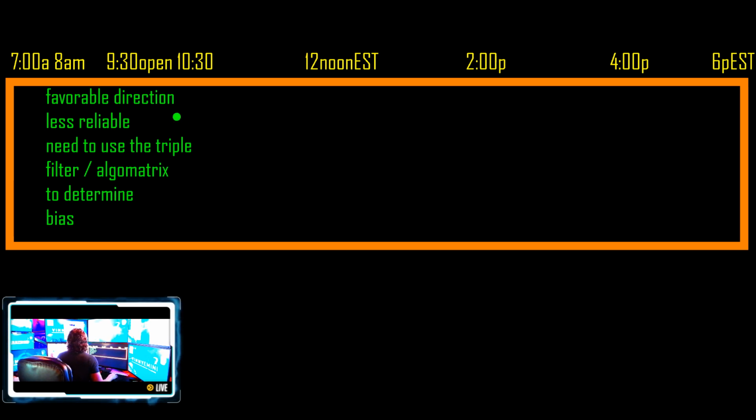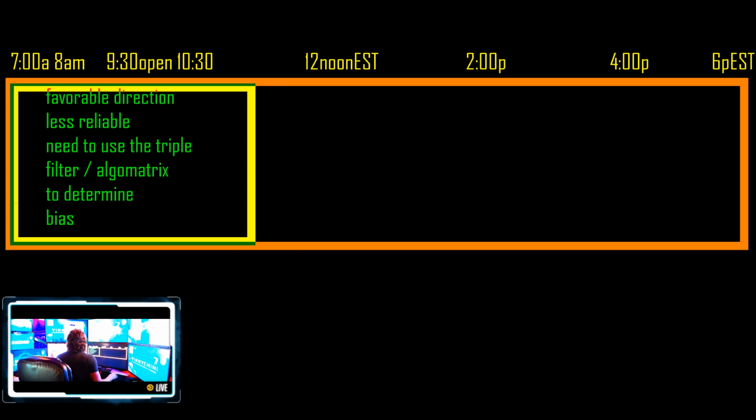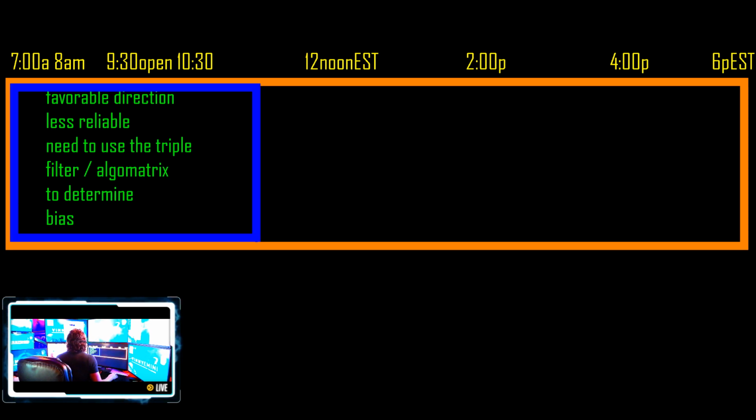Okay, be very careful here in the morning. Where does that section end? Right about 11 o'clock. So let's do a blue box around this whole section, to right about the 11, which is going to be somewhere right around here.